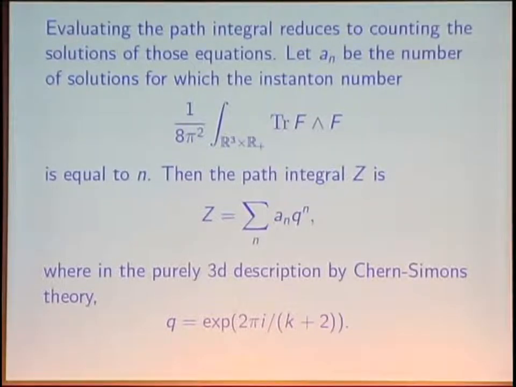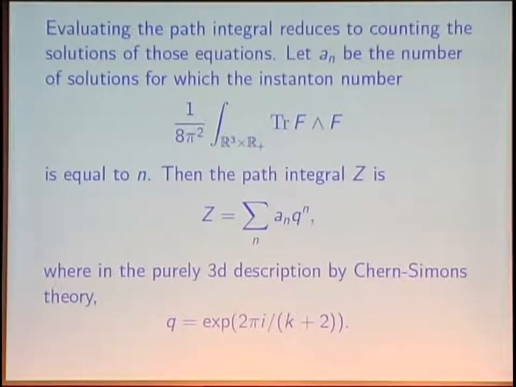There's also a formula for q in terms of 4D N=4 parameters, although I won't write it. But in terms of purely 3-dimensional parameters, this is q. And then the partition function comes out to be given by a simple count of solutions for instanton number n.